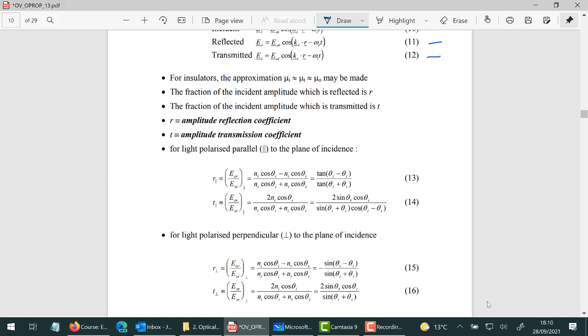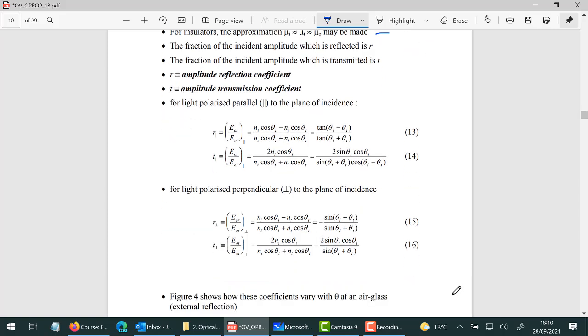Again, for insulators, we're going to assume that the magnetic properties are negligible and we don't have to worry about them. So what we want to know is what fraction of the light gets reflected and what fraction gets transmitted. Fresnel equations will tell you that.